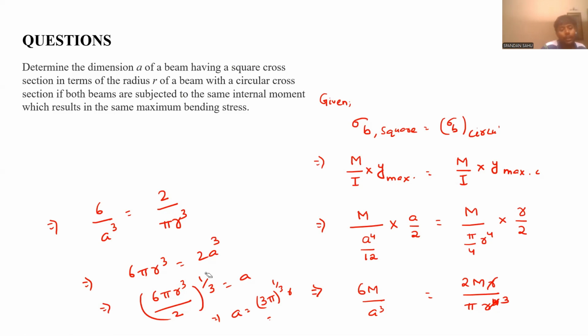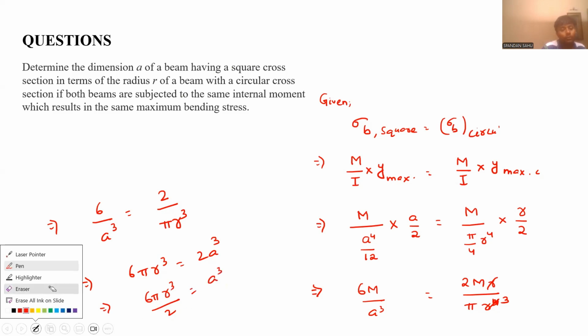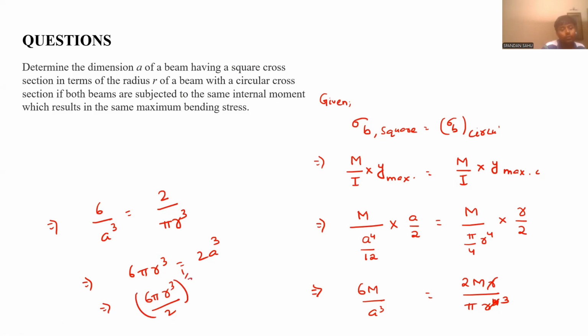This implies you will end up getting a to be 2.11 r. Correct? So a will become 2.11 r.